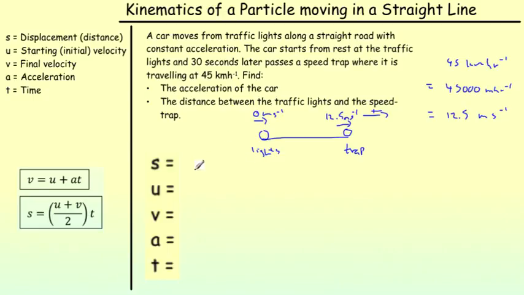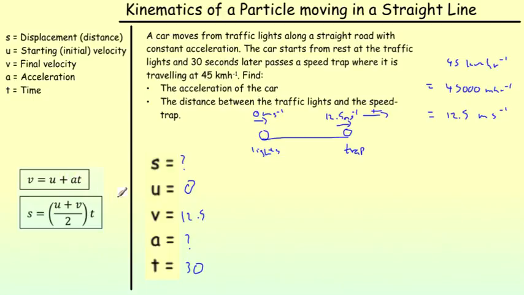So we're going to fill in what we know over here. We have our u, which is 0. We have v, which is 12.5. We have our t, our time, which is 30 seconds. And we're asked to find the acceleration a in the first part, and then the distance between the traffic lights and the speed trap, which is the displacement, in the second part. To find the acceleration first, we use our first SUVAT equation, v = u + at.